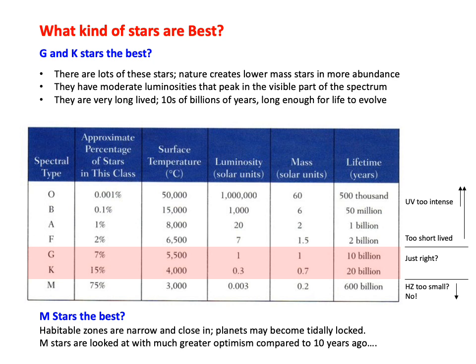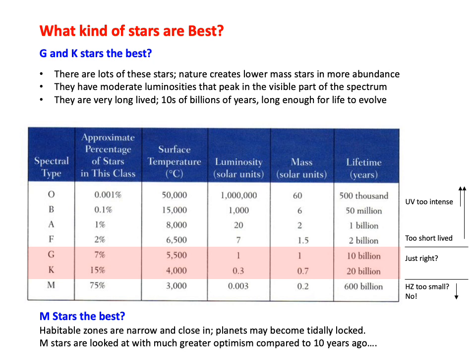Okay, so the first thing is we want to know which stars are the best for going out and finding habitable planets. Are O stars the best? Are B stars the best? G stars, K stars, or M stars?